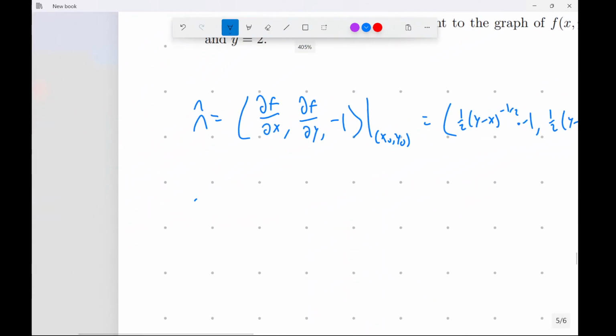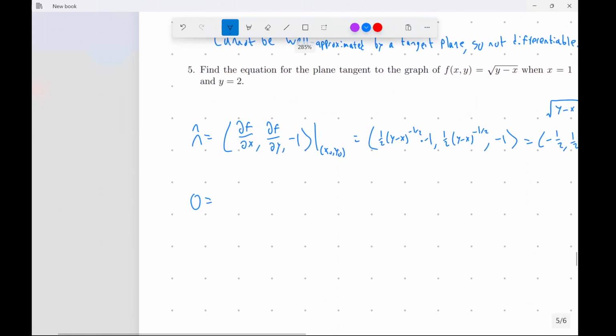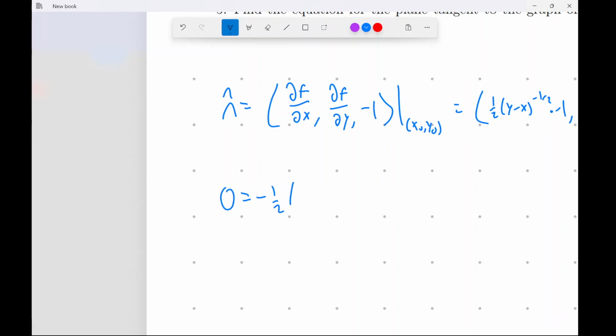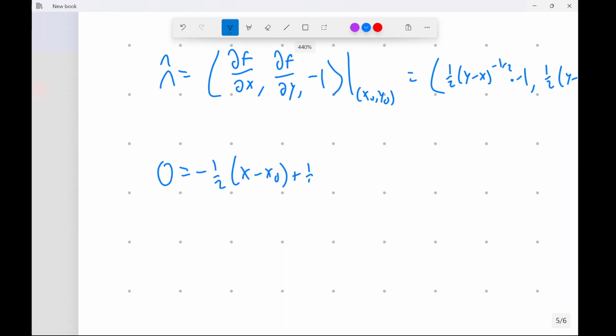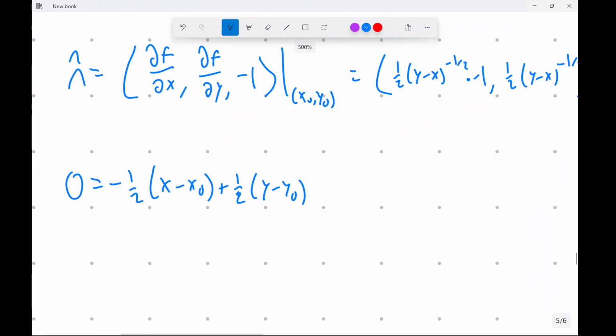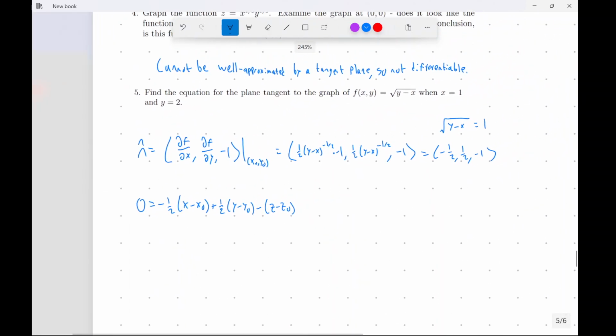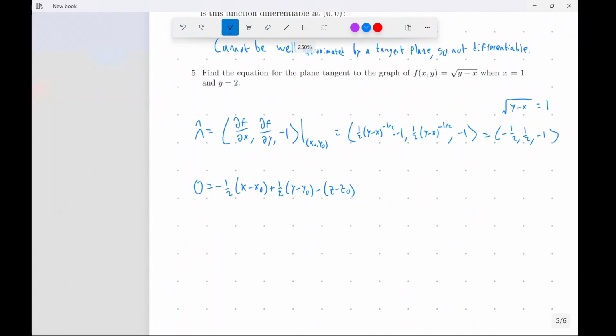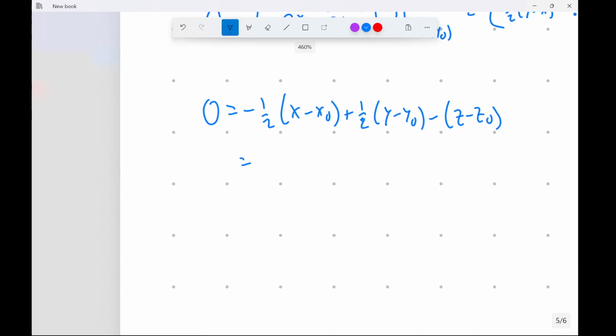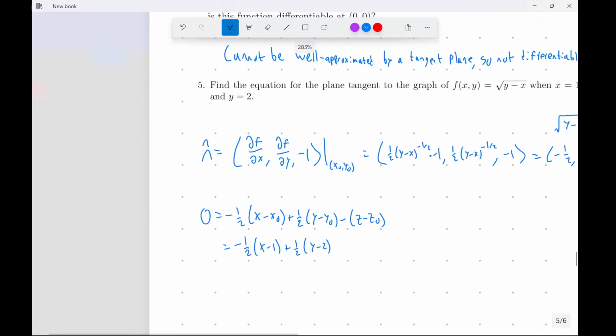Now, the equation for a plane: 0 is equal to the x component of the normal vector, -1/2, times x minus x0, plus the y component of the normal vector times y minus y0, minus the z component times z minus z0. Okay, x0 is the value of x that I'm approximating near, or that my tangent plane is tangent to. So that's -1/2 times x minus 1. Similarly, I think y0 was 2. Yep.